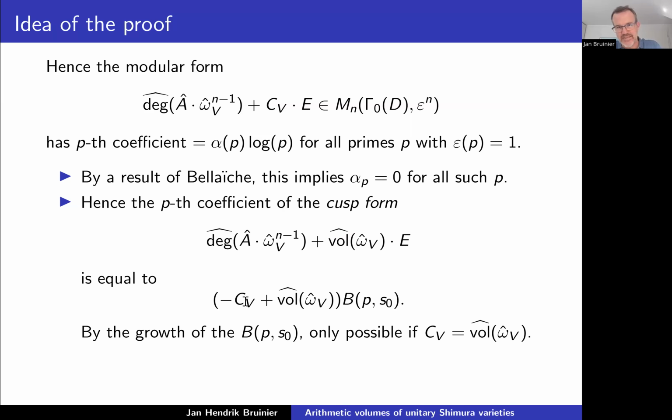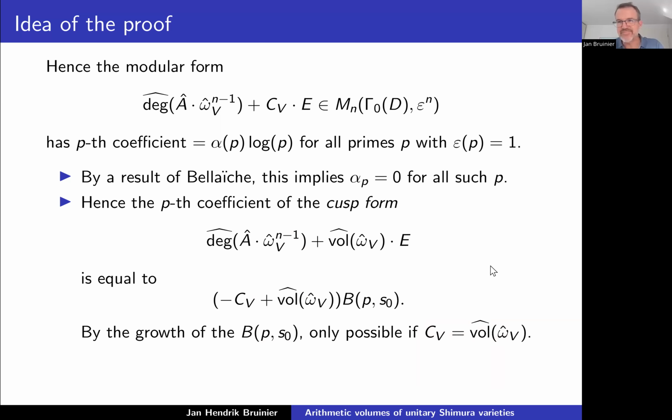And now one can look at the growth of these coefficients. They are the coefficients of an Eisenstein series, and they grow too fast for this quantity to be a cusp form. And from the growth, one deduces that this can only be the case if this quantity is actually zero. So in other words, this volume of the metrized Hodge bundle has to agree with the claimed formula, and this basically concludes the proof.